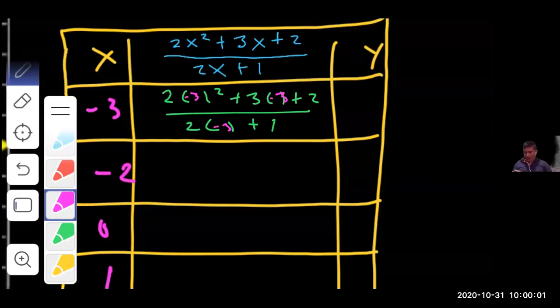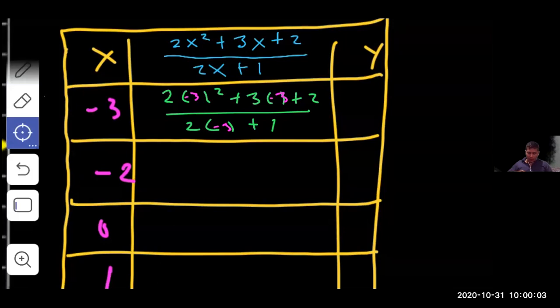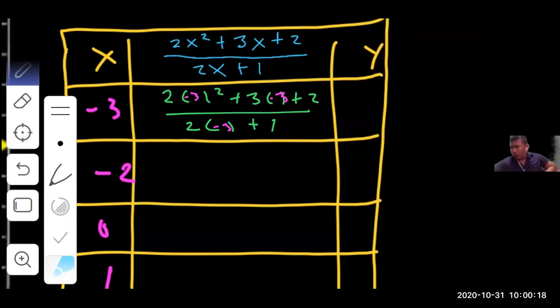In the calculator, guys, please write all of this like this. After this, put divided by in parentheses for this. If you don't put parentheses, the calculator is going to misunderstand you. Tell me, what do you get out of this?